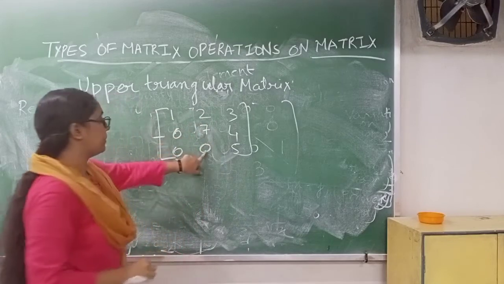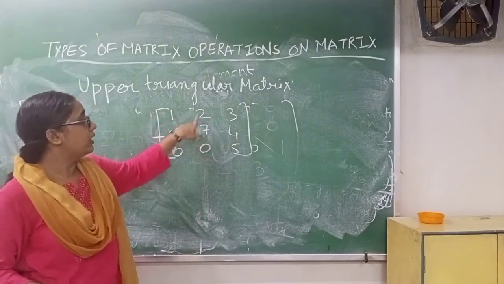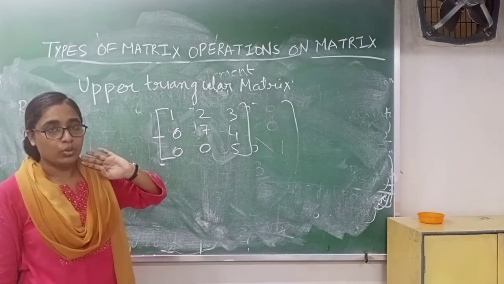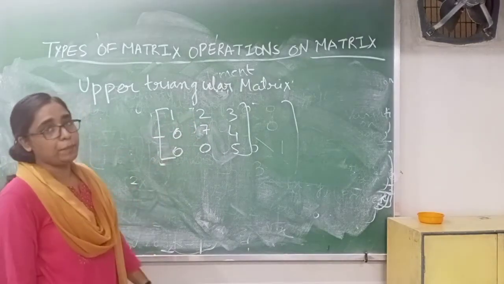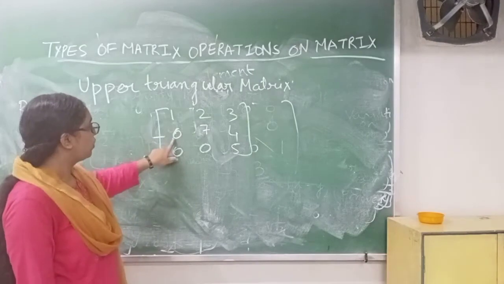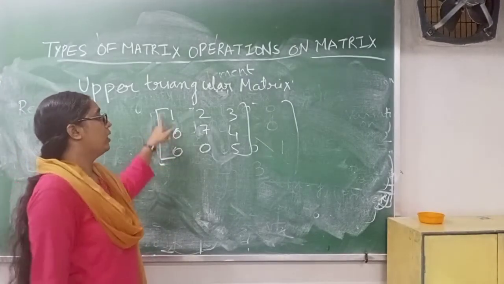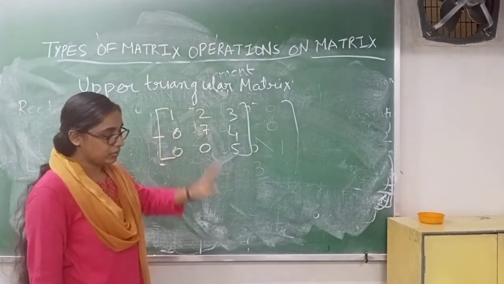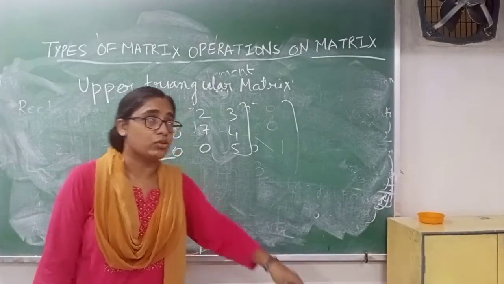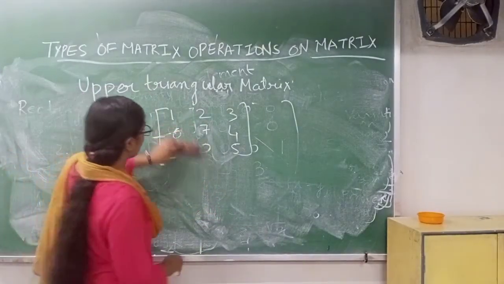Only these three elements will be 0 and all the other elements have values. So this is known as an upper triangular matrix, in which only these three elements will be 0 and all the other places have some numbers. Now opposite to it.